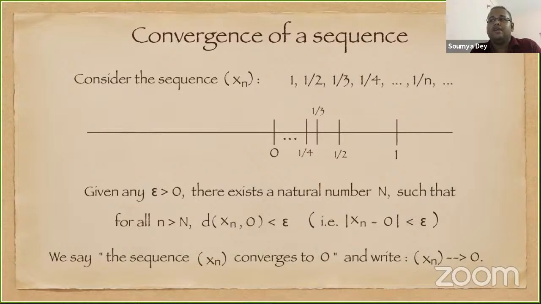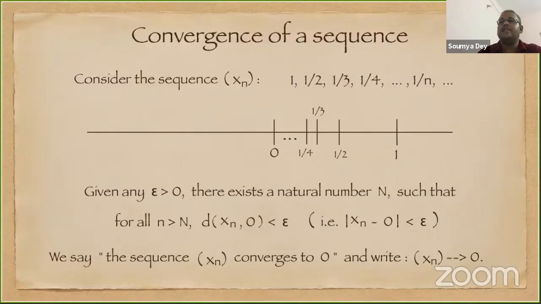According to me, one of the most important notions defined based on the notion of metric is called convergence of a sequence. I'll show that using this notion, almost all other notions in metric space theory can be defined.